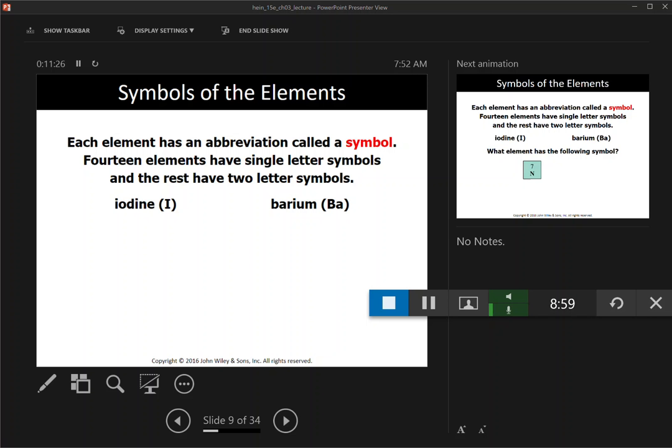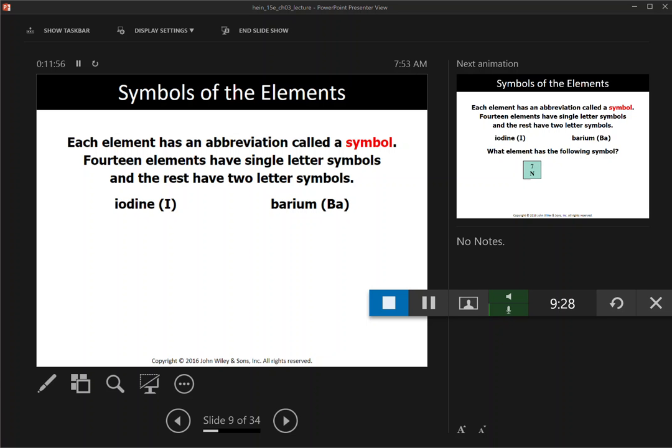Now, let's see how we write the symbol for elements. It is important to know the symbol and also the name for the elements, because where we're going with this is writing the chemical formula for different compounds. When we write chemical formulas, we just use the symbols of the elements. So it's very important that we know the symbol for each element and also know what each symbol represents.